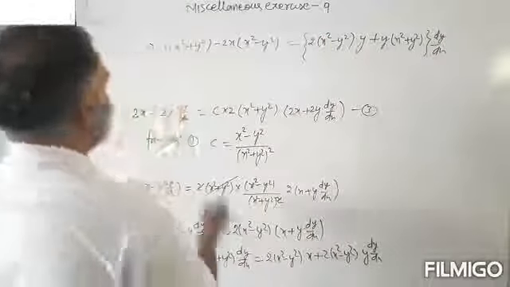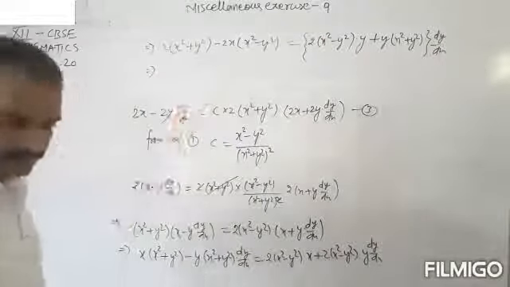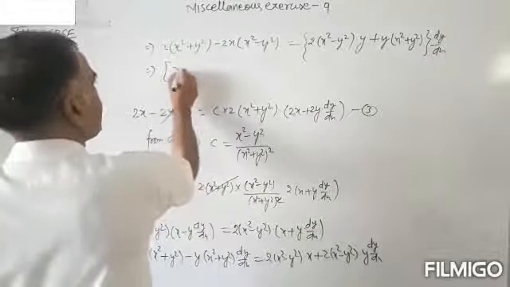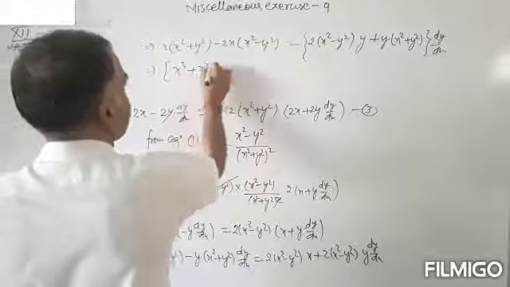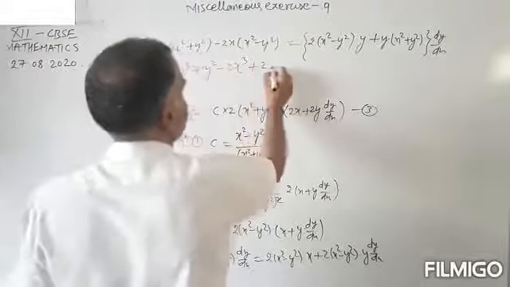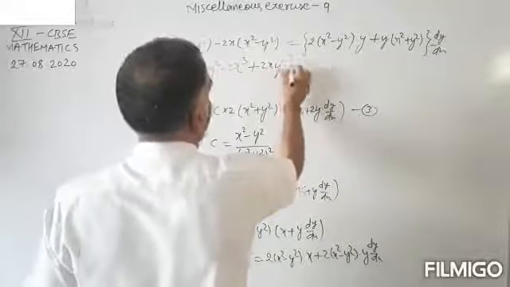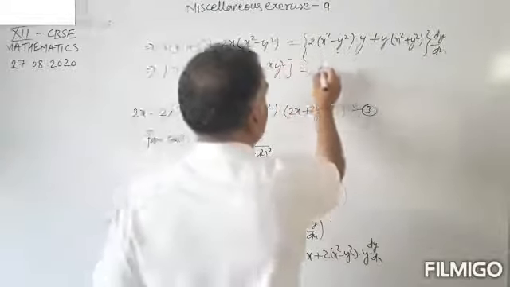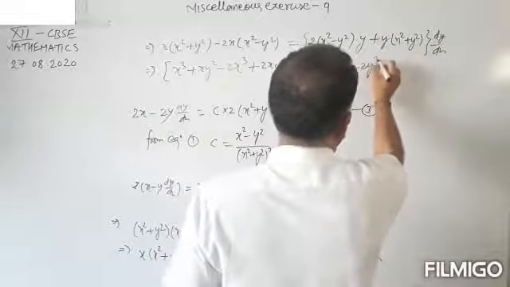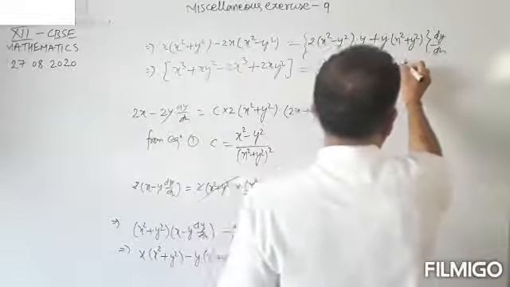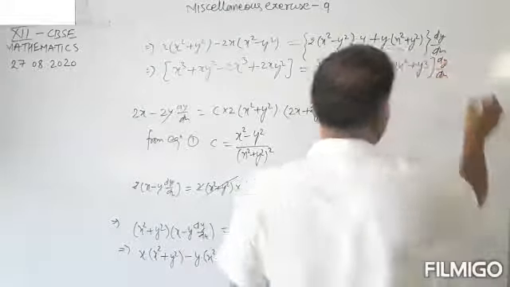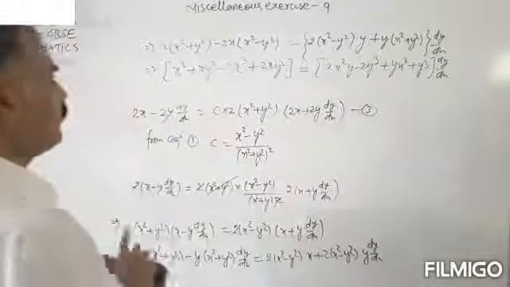Solving this, we have x cube plus xy square minus 2x cube plus 2xy square, equal to 2x square y minus 2y cube plus yx square plus y cube, dy upon dx.